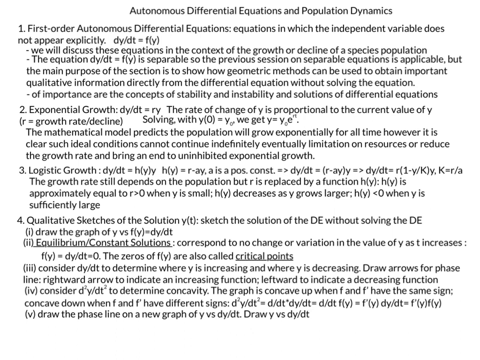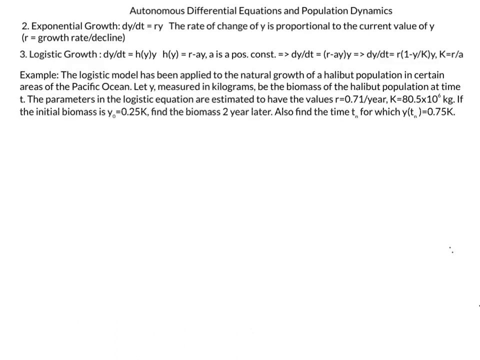Now that we've talked about exponential growth and logistic growth, as well as how to do a qualitative sketch of the solution of a differential equation without actually solving it, we will do an example of logistic growth. The logistic model has been applied to the natural growth of a halibut population in certain areas of the Pacific Ocean.